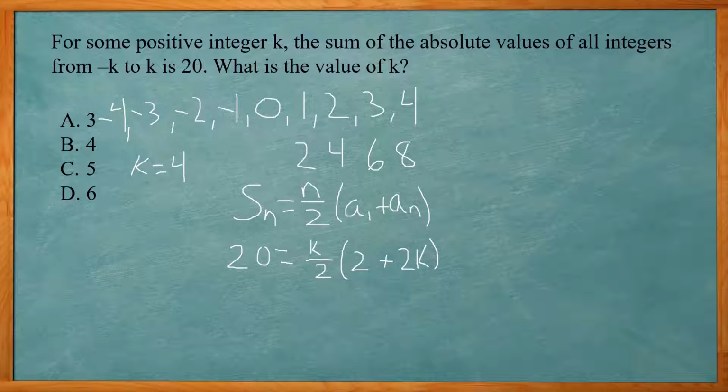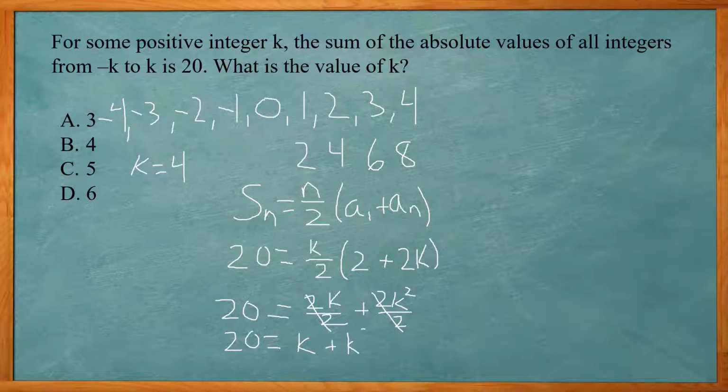If I multiply this out, I'll have 2k over 2 and 2k squared over 2. And then these 2s can cancel out. So I have 20 equals k plus k squared.